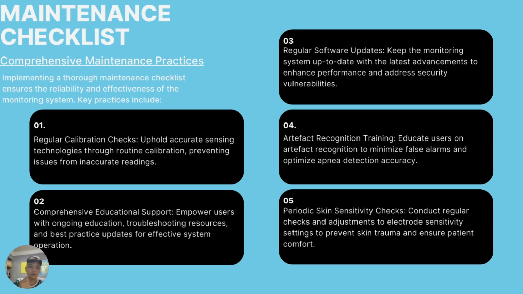Software updates include bug fixes, security enhancements, and algorithm improvements, addressing identified vulnerabilities and optimizing system functionality. By staying up to date with it, it also helps with technological advancements.